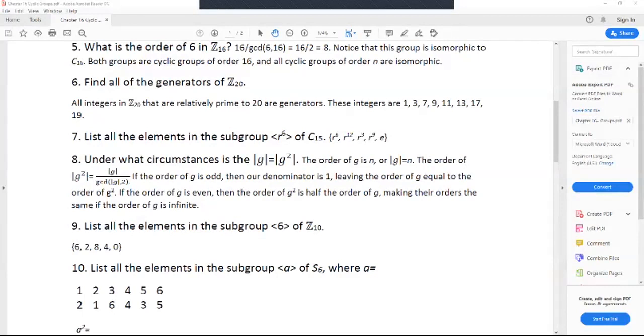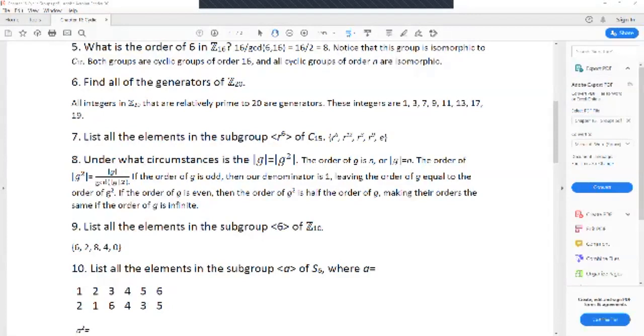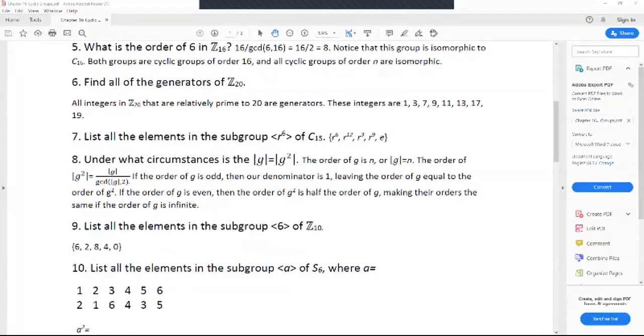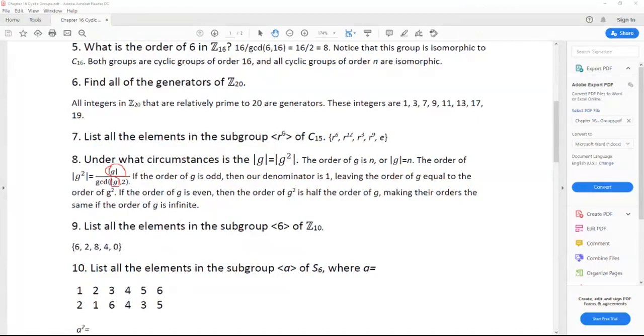Well, remember that according to our formula, the order of g is n, and the order of g squared also has to obey the formula, so it is going to be n divided by the GCD of n and the power of the potential generator, which is 2.